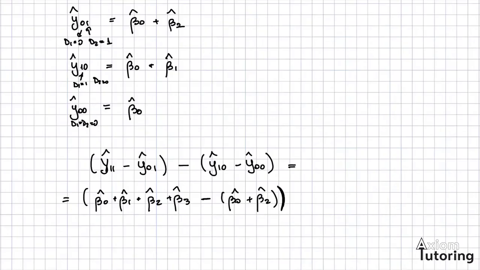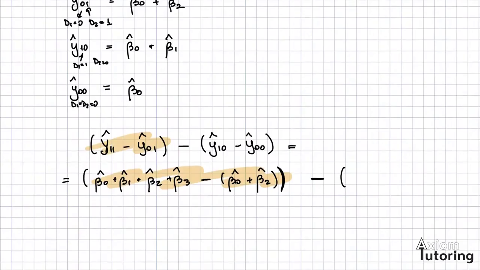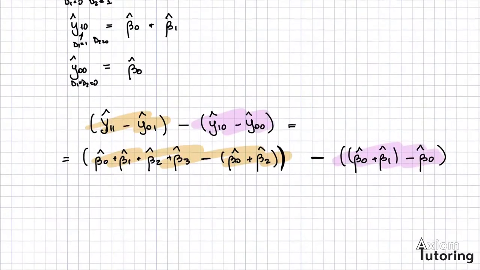Okay, this is the first one. We've just substituted. Then we're going to have here minus y1,0, which is just beta 0 hat plus beta 1 hat, minus beta 0 hat. And this is the second term here. If we simplify all of this expression, we will finally get that this is just beta 3 hat.